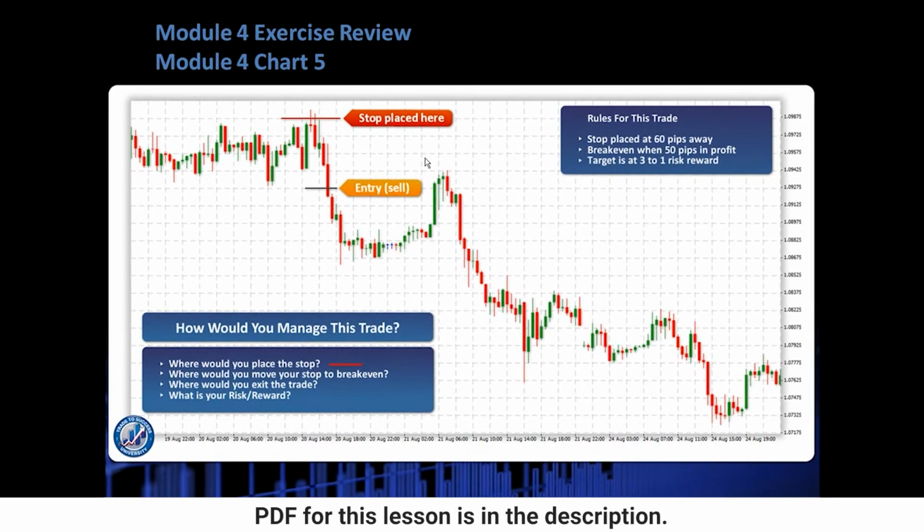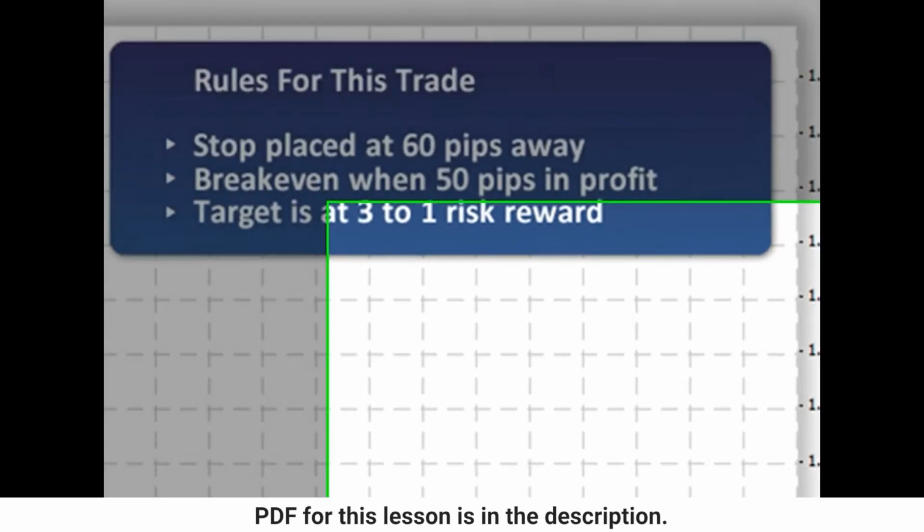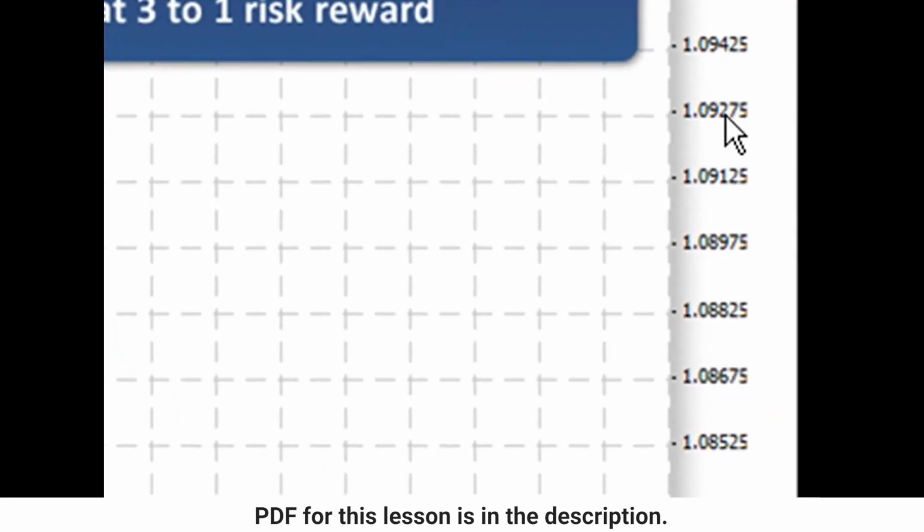What about our break even? Our break even is when we're in 50 pips profit. So again, we're looking at entry at 1.0927 minus 50 pips from that. Remember, we're in a short trade. We want price to go down. So when we minus 50 from 1.0927, with 1 pip being the 4th decimal place, we have 1.0877.